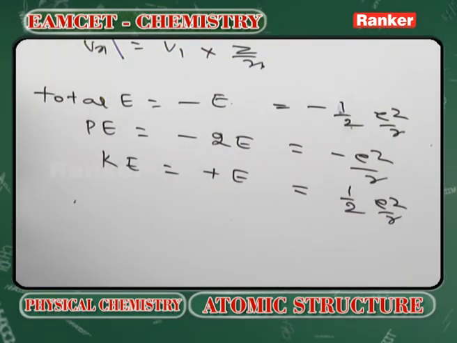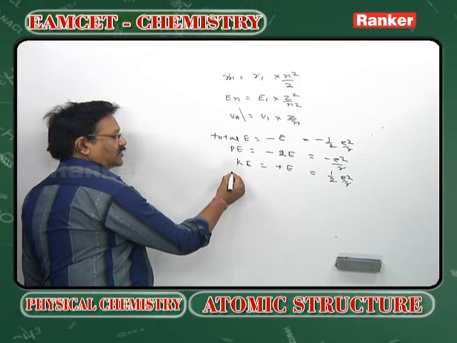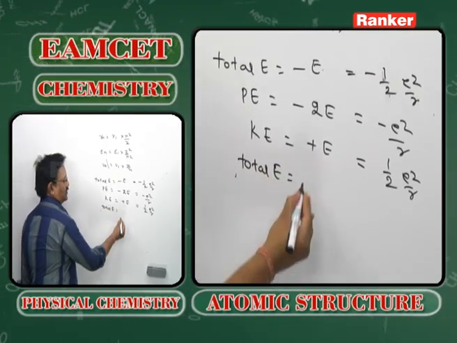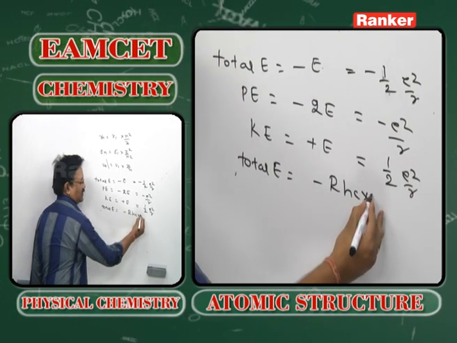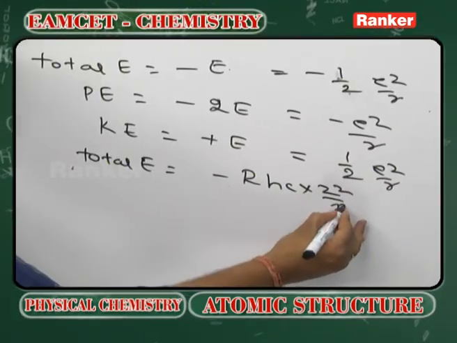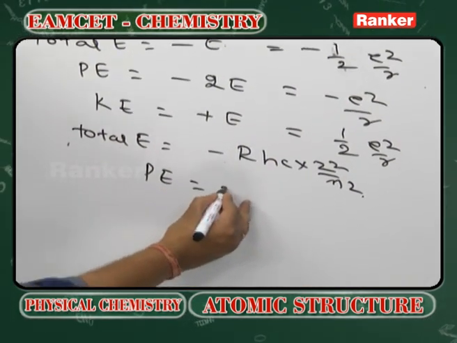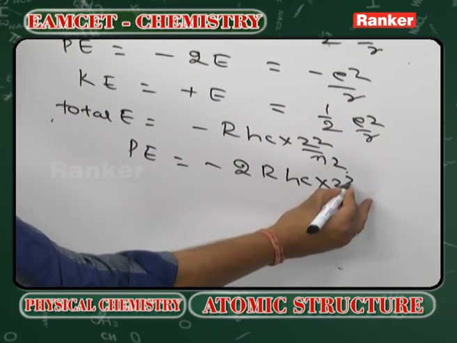In terms of the Rydberg constant, what will be the total energy? Minus RhC into Z square by n square. And what will be the potential energy? Minus 2RhC into Z square by n square.